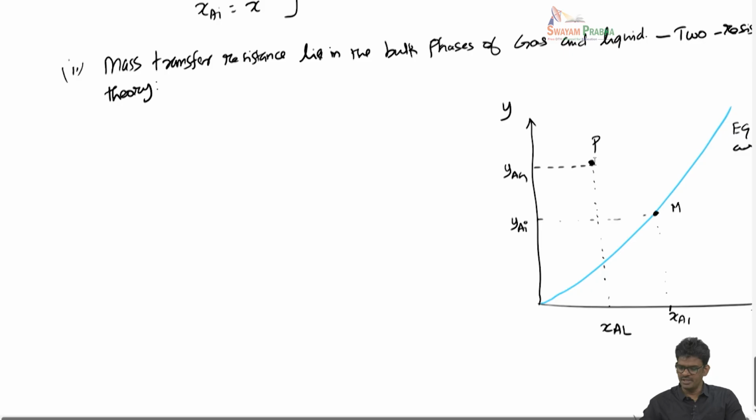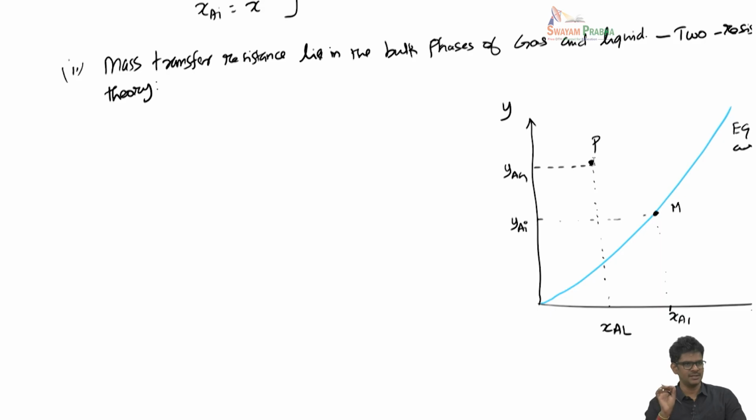This point P suggests the composition of the bulk phases YAG and XAL, whereas the interfacial concentration lies on the equilibrium line, because I am assuming that the interface has no additional mass transfer effect. So the interfacial concentrations are equal to the equilibrium concentrations. So XAI and YAI should lie on the equilibrium line. I am denoting that as M, right?